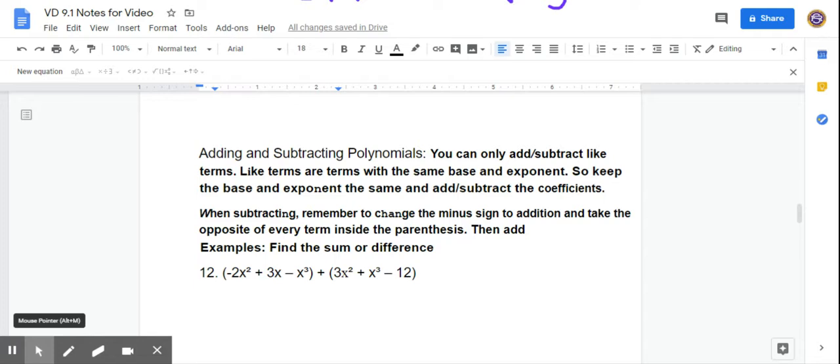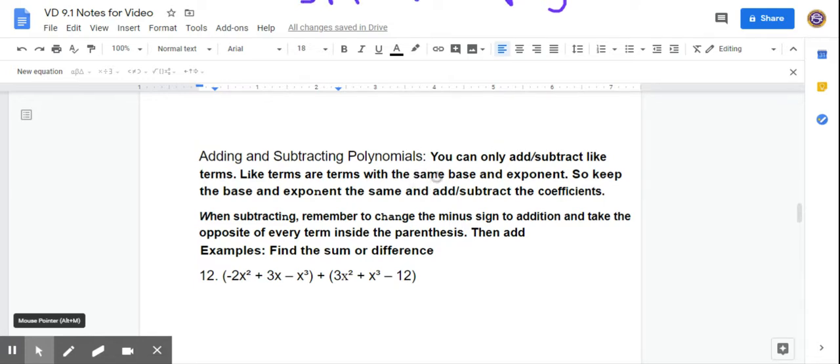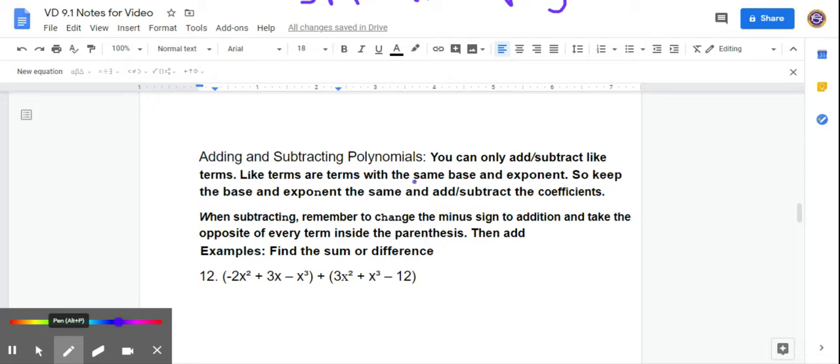When we're adding like terms in linear expressions, 2x plus 3x, we know those are like terms. They both have the same base, so we kept the base and added the coefficients. 2x plus 3x was 5x. You're going to use the same rule here, only now we have exponents involved. Like terms have the same base and the same exponent.